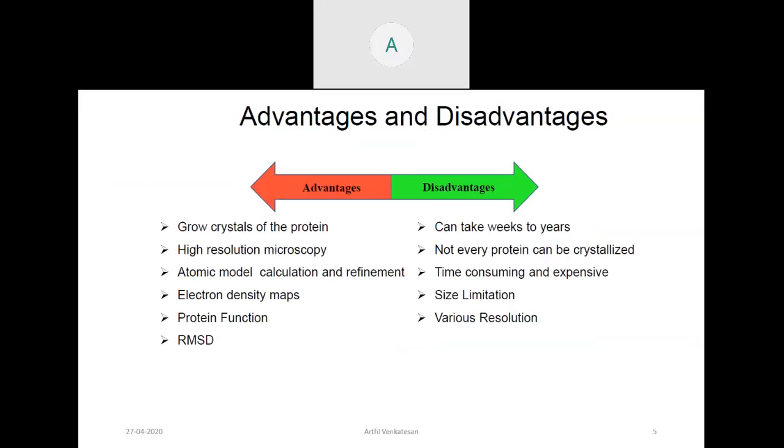And there is a size limitation, a particular limitation on the sequence length also. Again, there are various resolutions, for example you can determine high resolution and low resolution. That is the biggest disadvantage associated with X-ray crystallography and NMR methods.